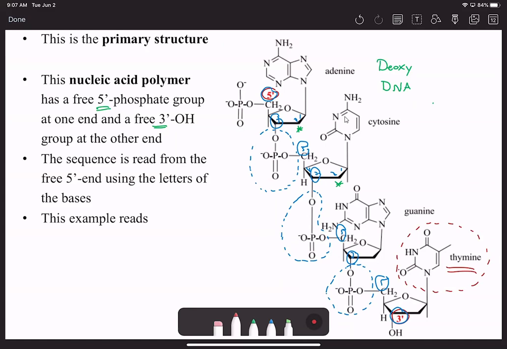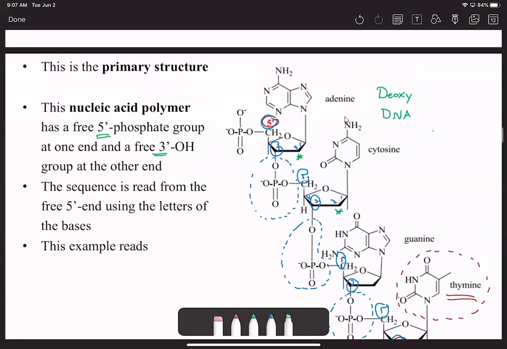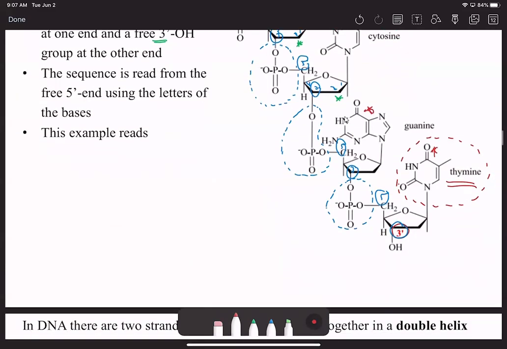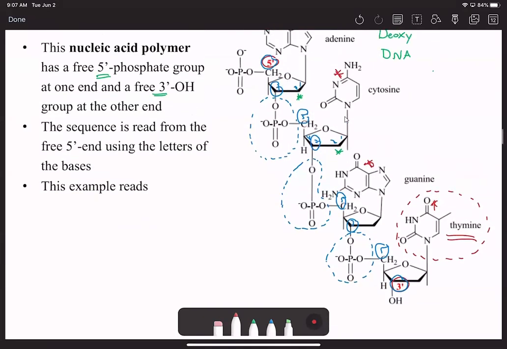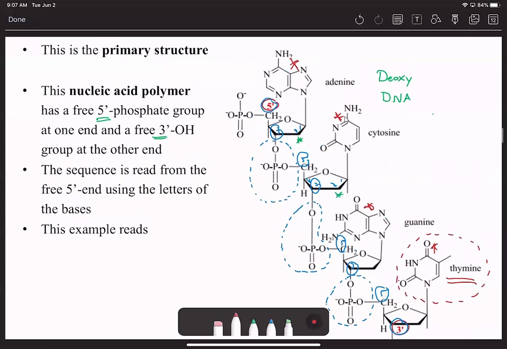The primary structure, what's going to make these different are the bases that are attached to these amino acids. So we could shorten this up a little bit, and we could say that we're going to go 5', and that first base is adenine.